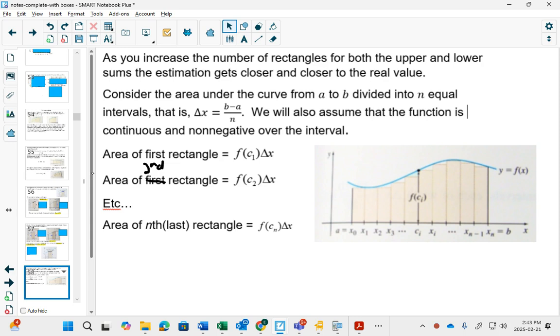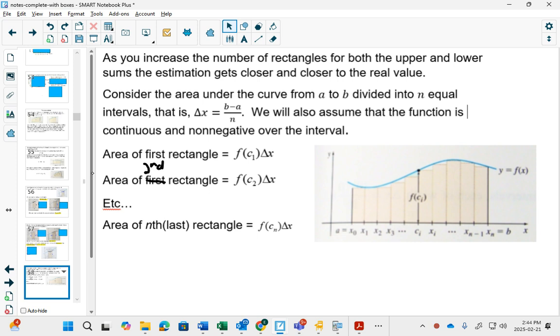So now, we take A to B, and we break it up into a bunch of little sections. Does it make sense if you decided on n sections, you would take the distance between A and B, which is just B minus A, and divide it by however many sections you want.